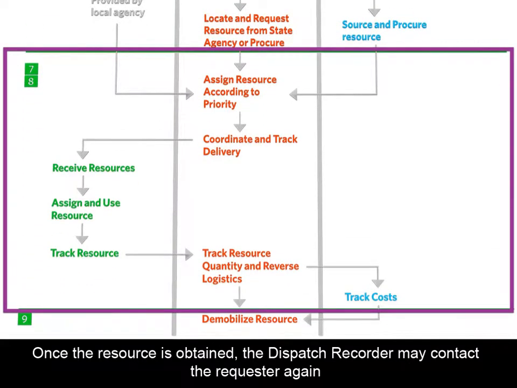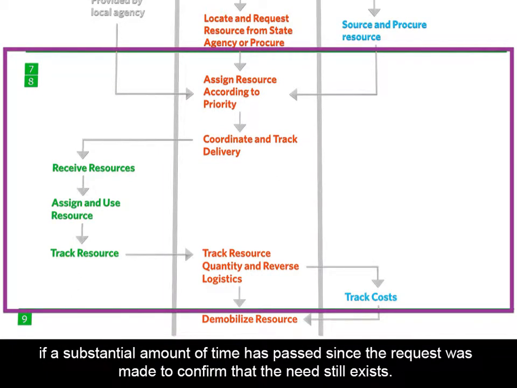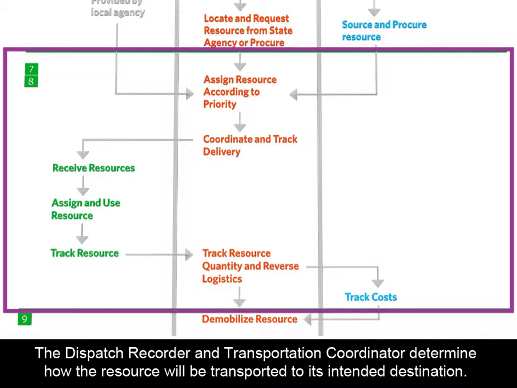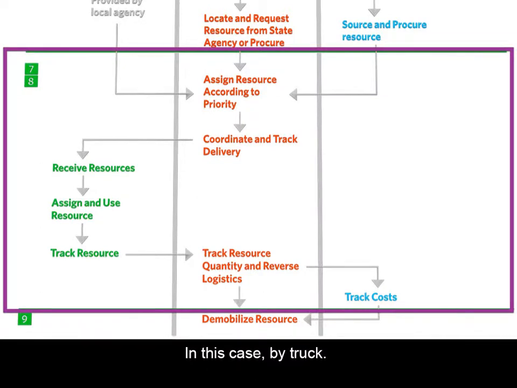Once the resource is obtained, the dispatch recorder may contact the requester again if a substantial amount of time has passed since the request was made, to confirm that the need still exists. The dispatch recorder will then arrange for delivery by working with the LC Transportation Coordinator. The dispatch recorder and transportation coordinator determine how the resource will be transported to its intended destination, in this case, by truck.